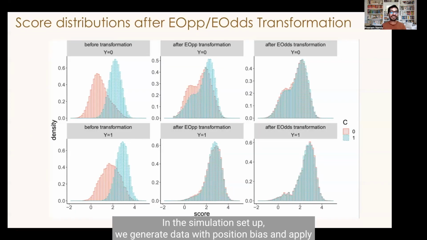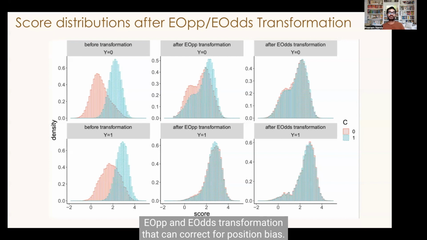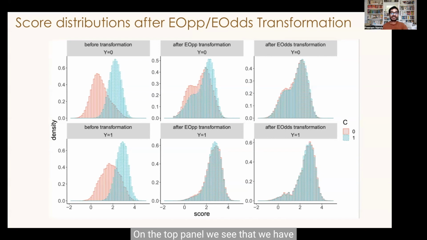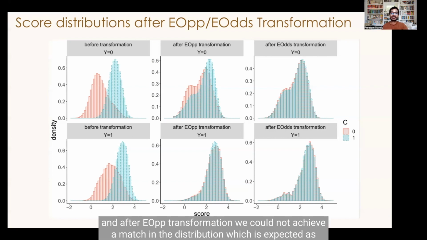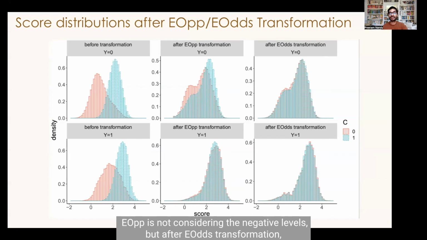In the simulation setup, we generate data with position bias and apply EOpp and EOS transformations that can correct for position bias. On the top panel, we see the score distributions corresponding to the negative labels. After the EOpp transformation, we could not achieve a match in the distribution, which is expected as EOpp does not consider the negative labels.